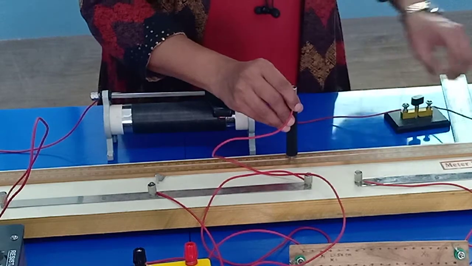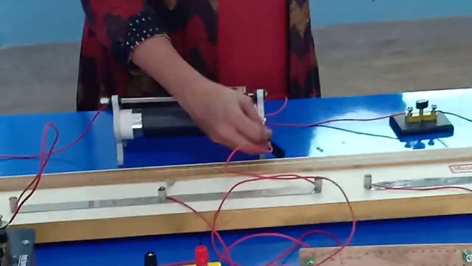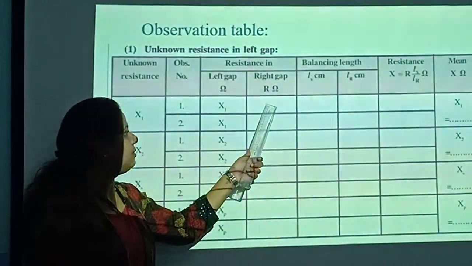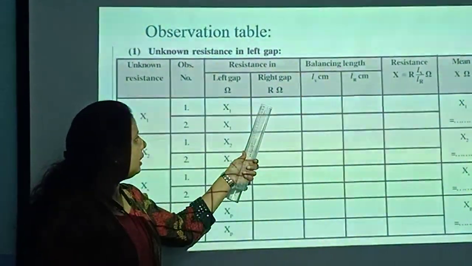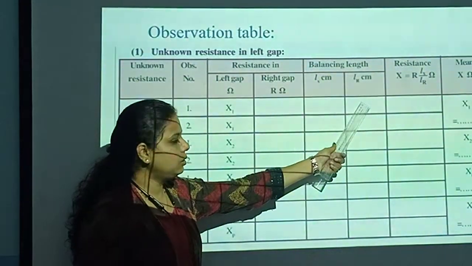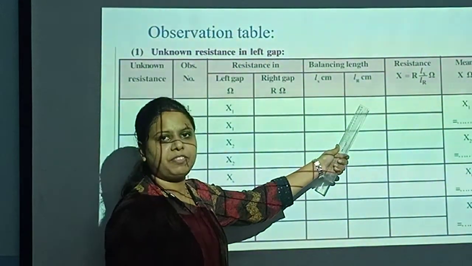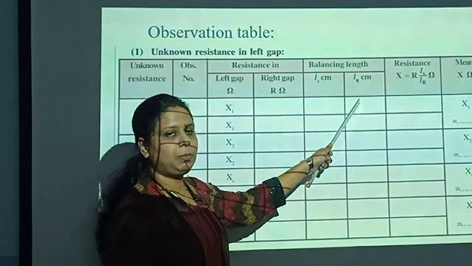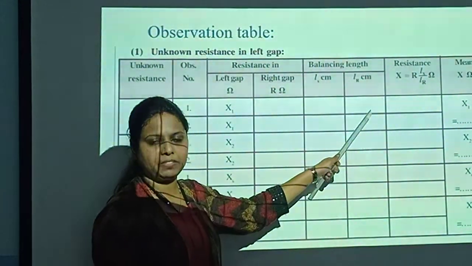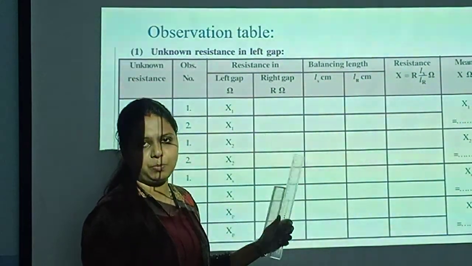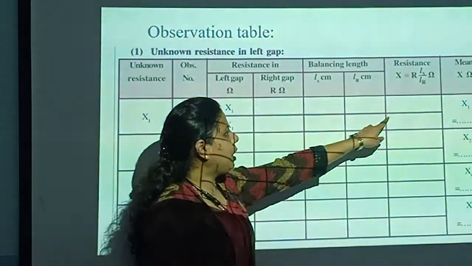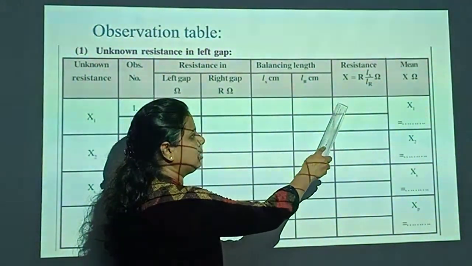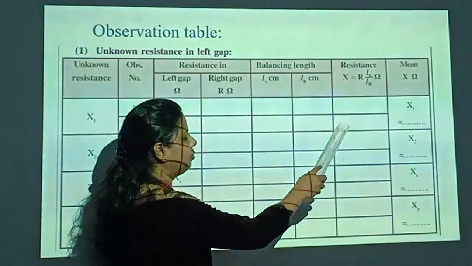So in the observation table, you will write 33.5 centimeter here, and you will write 66.5 here, because Lx is 33.5 and Lr will be 100 minus 33.5, that is 66.5. So you have to finally measure the resistance. Now how to calculate the resistance? We have to find out X1 here.